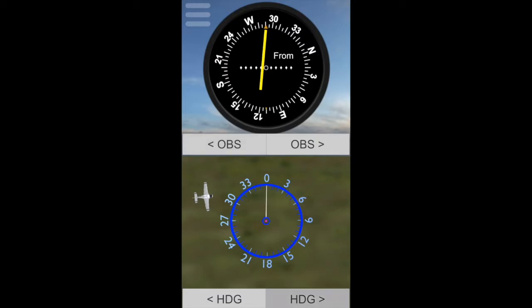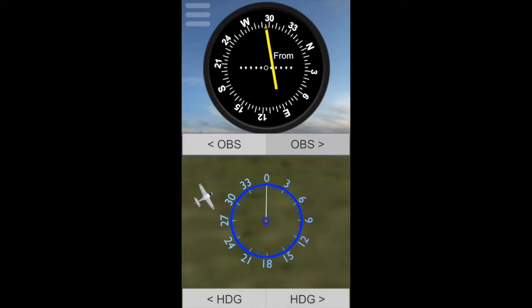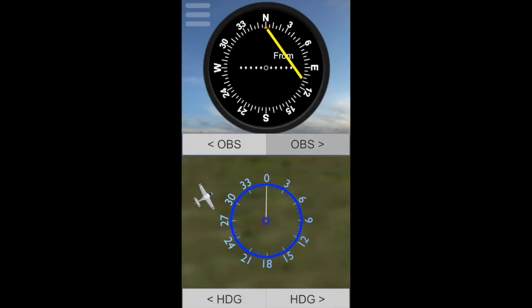And again, the heading itself doesn't matter. The top indicator will not change. Nothing is happening because I am still on the same radial, facing any direction. That's not an issue here. And if I want to fly towards the VOR, I fly the reciprocal of 290. What is the reciprocal of 290? As you can see here, I'm going to find out simply by turning the needle to be centered and put a to.